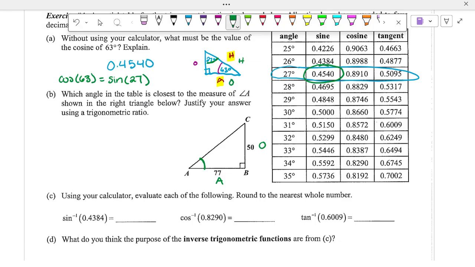Tangent. So tangent of A would be equal to what? 50 over 77. Good. Now, take a minute, put 50 over 77 in your calculator and get it to 4 decimal places.